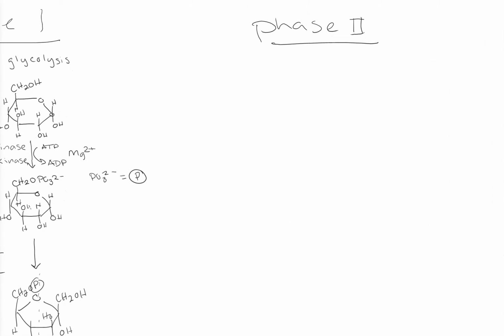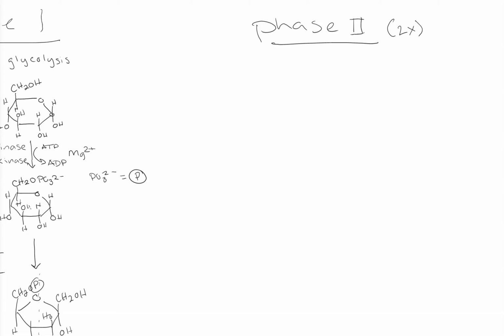Okay, so starting phase 2 of glycolysis, we now remember have 2 equivalents of glyceraldehyde 3-phosphate. So instead of writing 2 next to every single thing, just remember that everything that shows below here happens 2 times per glucose.